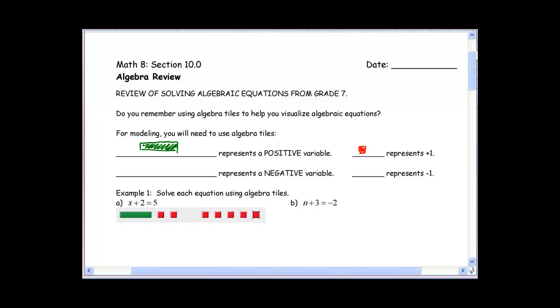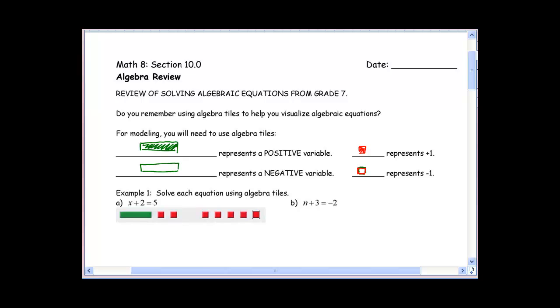A negative variable would be represented by, once again, a rod, but not a shaded one, an open or unshaded one. And same thing with the -1 value. It'd just be one little small unshaded square. If you want me to use the right colors, I guess I can make that red.